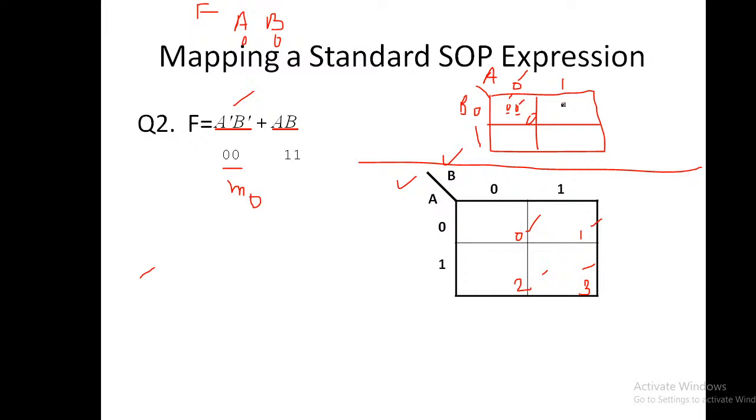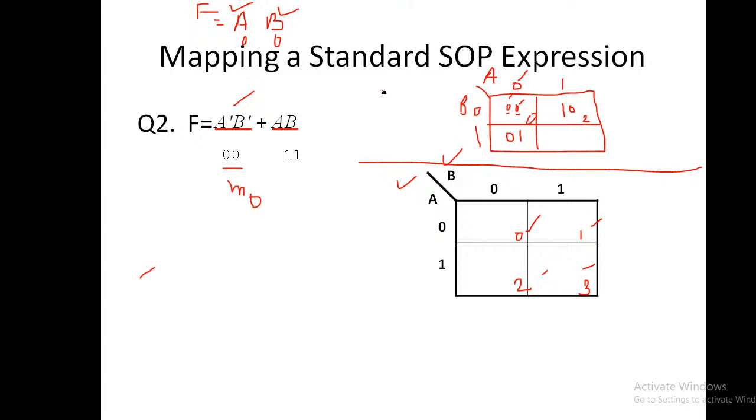A is written first, so this is now going to position 2. Previously this was 2. Now A is 1 0, then we write B. A is written first, as in the truth table we have MSB A and LSB B. Is it clear to you?